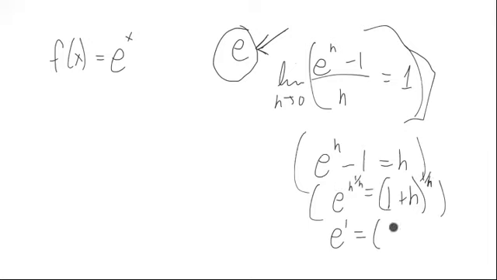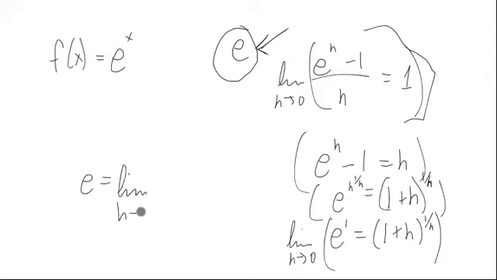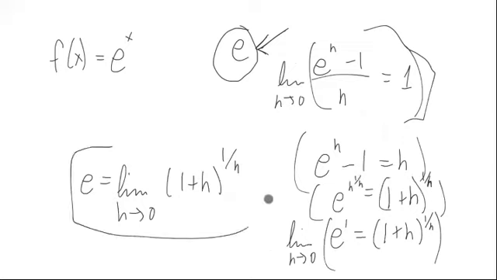So e is going to be equal to, again as a limit of this equation, (1 plus h) to the 1 over h. So you could think of e as being the limit as h approaches 0 of (1 plus h) to the 1 over h. So saying that e is this magical number that makes this equal to 1 is actually equivalent to saying e is equal to this limit.